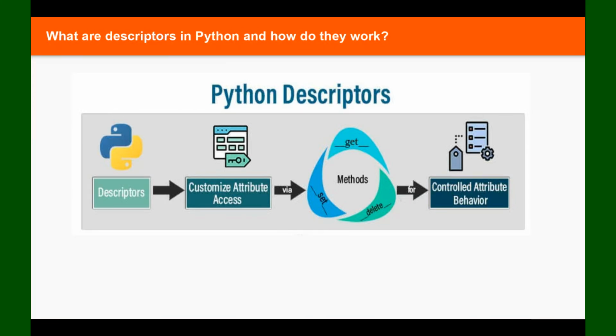A descriptor is an object that defines one or more of the following methods: __get__, __set__, or __delete__. __get__ is called when the attribute is accessed. __set__ is called when the attribute is assigned a value. __delete__ is called when the attribute is deleted.